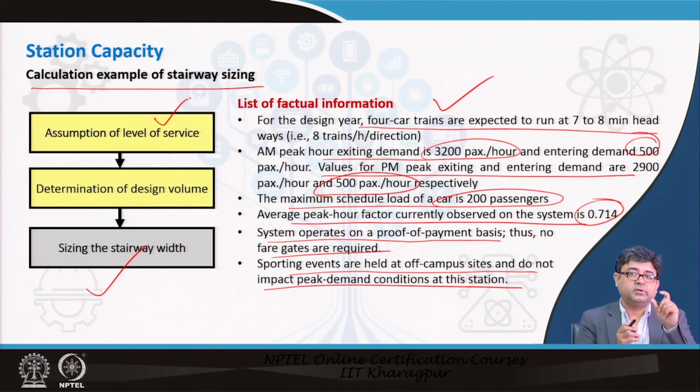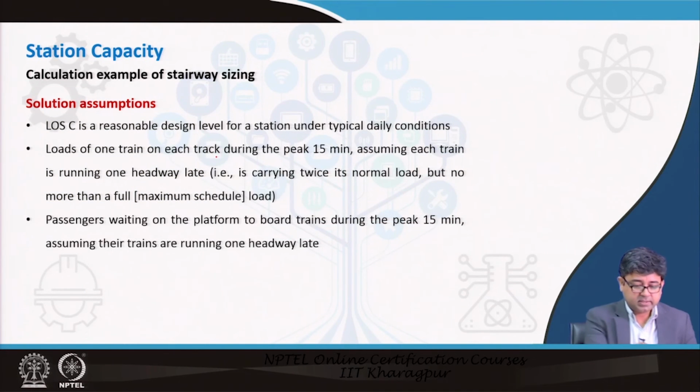If you start off with one end of the range and you do not get the width, then you start shifting to the middle of the range, or maybe the other end. So, you assume a level of service, you determine the design volume, and determine the sizing. Say a level of service C is reasonable to assume, loads of one train, 15 minute peak.